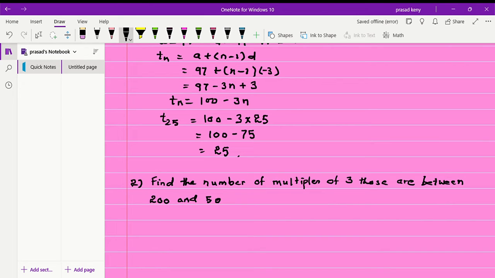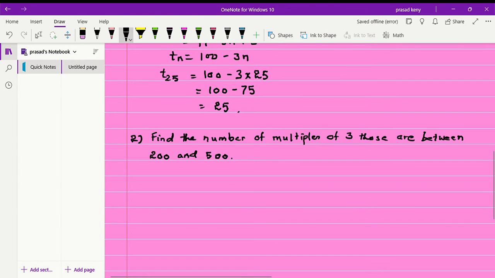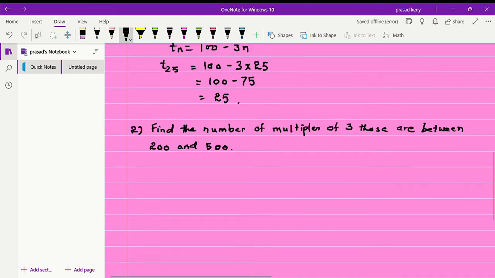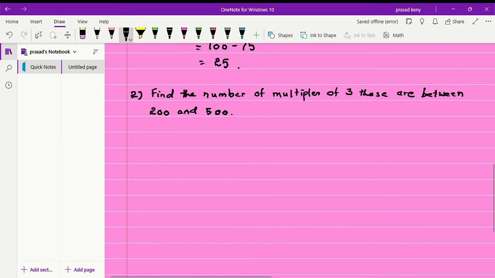Now keep it in mind in such problems, number of multiples of 3, they will increase by 3. Take for example, first multiple of 3 is 3, second is 6, third is 9. So this forms an AP. Now I want the first multiple of 3 that is just greater than 200.